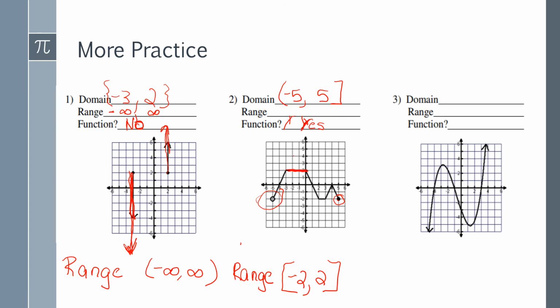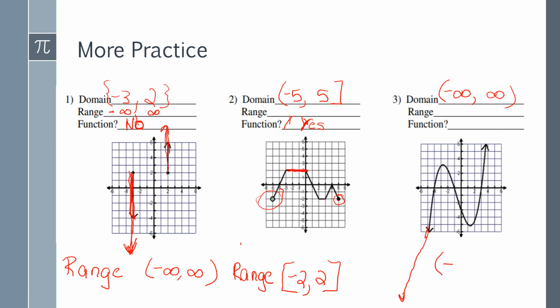So let's look at our domain. Because it goes on and on forever in the left direction, even though it doesn't look like it's continuing on, it's going to go on and on forever. So therefore, its domain is -infinity to infinity, since it goes on forever on this side too. The range is, again, going to go down to -infinity, up to +infinity.